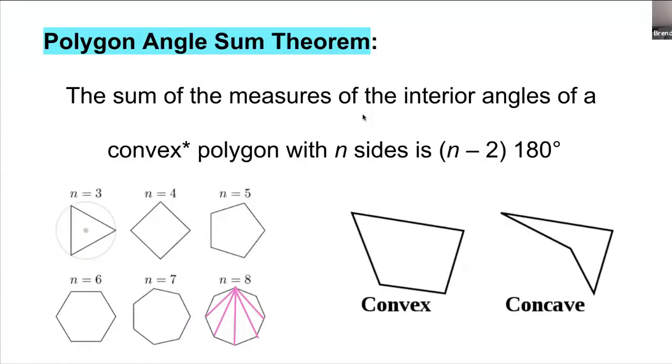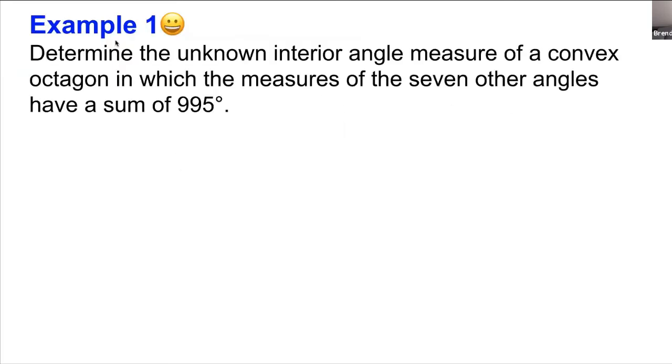Okay, so here we go. Let's go on to our first example. It says we have to determine the unknown interior angle measure of a convex octagon in which the measures of 7 other angles have a sum of 995 degrees. There's a lot of information given here. However, we don't have the image in front of us of the octagon and the other angles. So we're going to underline everything that's given.